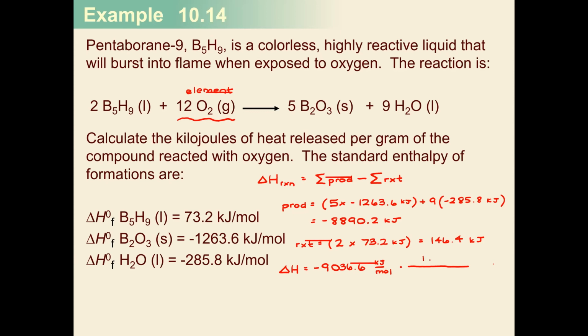So I can say that 1 mole of my B5H9 is going to have a molar mass of 30.694 grams. And that means that I am going to end up with a value of negative 294 kilojoules per gram. So as you see in this example, determining the products minus reactants gives us the delta H, and then if we have to convert units, we can.